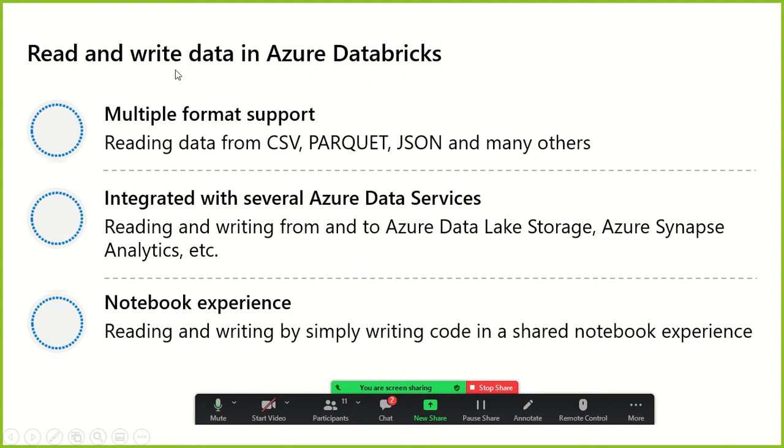All right. So reading and writing data in Azure Databricks. Azure Databricks can read multiple file types. It can read CSV, Parquet, JSON, XML and many other data types. We've mentioned before, a good example of CSV is your Excel.